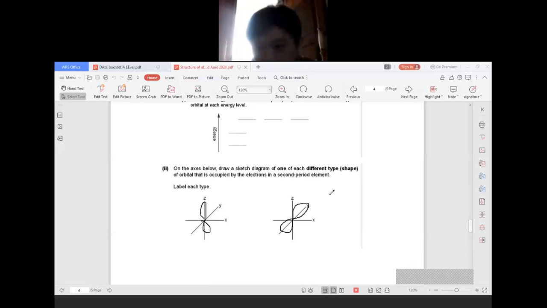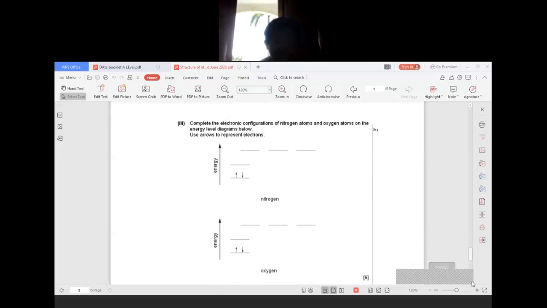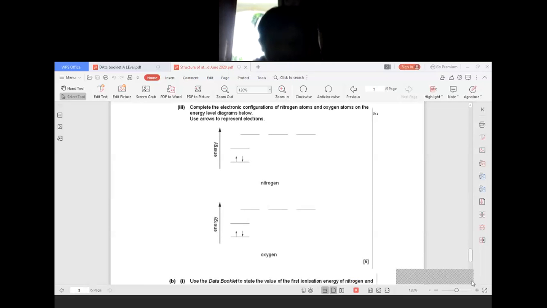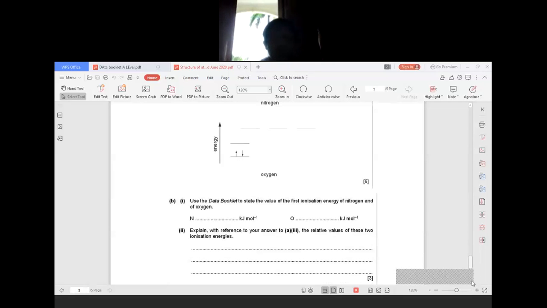And for the last page, nitrogen and oxygen, I'm sure you can draw the arrows and explain that nitrogen is group 5, oxygen is group 6. So 5 to 6 there is an exception. The first exception was phosphorus and sulfur, and the second exception, which behaves the same, is nitrogen and oxygen.